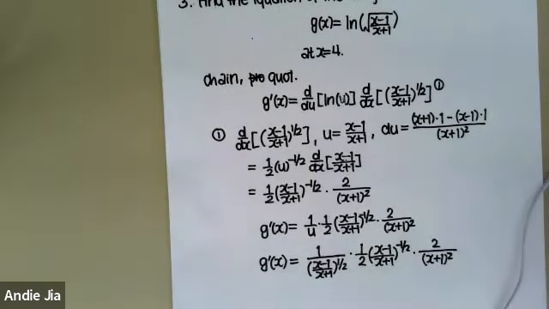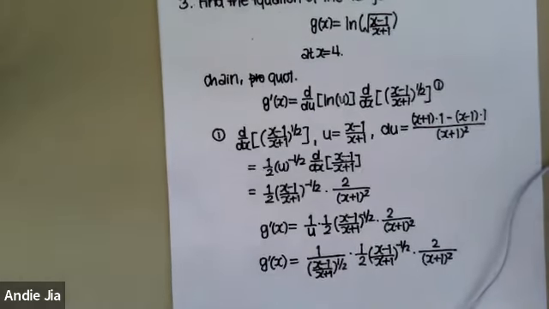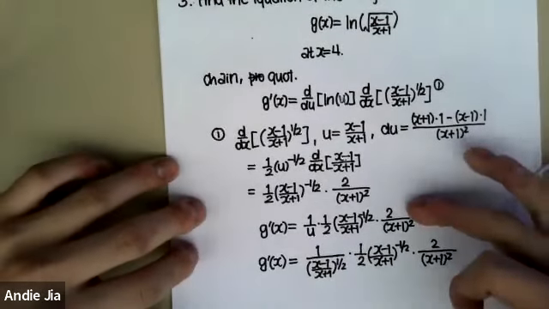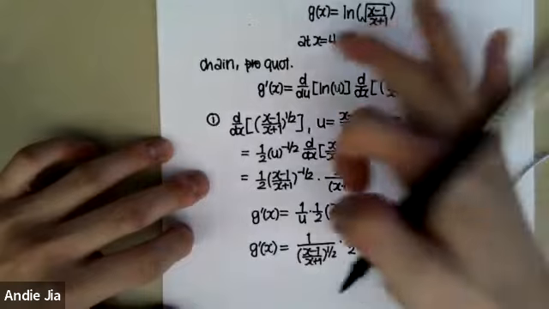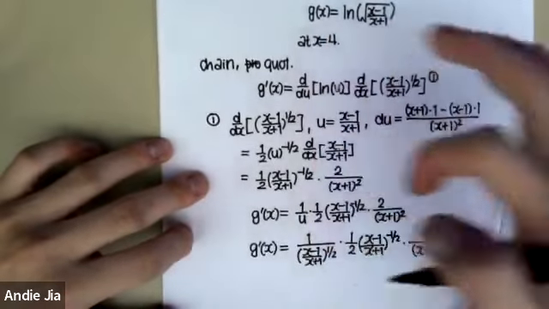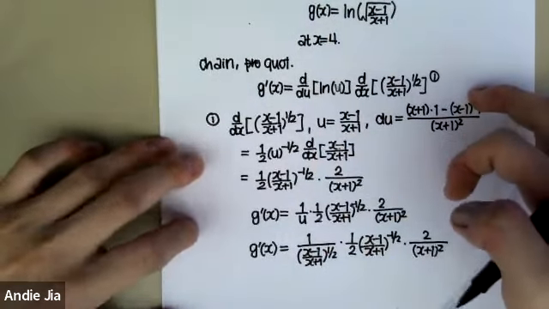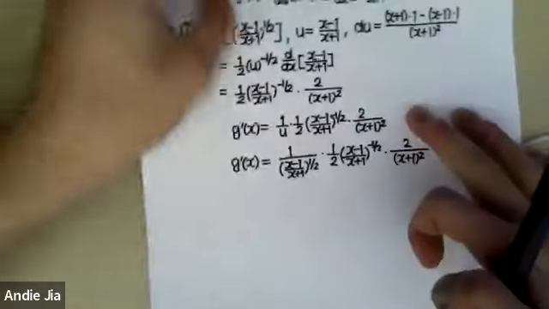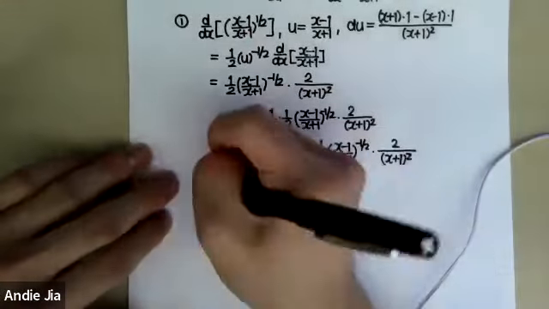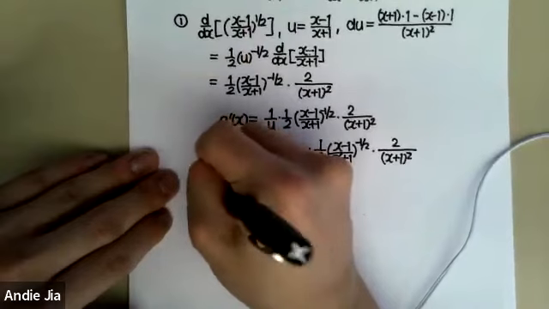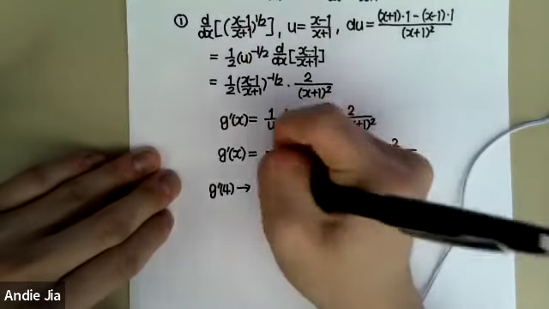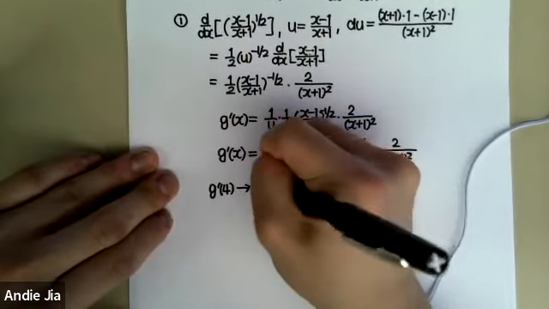Wow, we solved this nasty function. Now if you plug in x equals 4, you find the slope of the tangent line. So g prime of 4 is the slope of the tangent line.